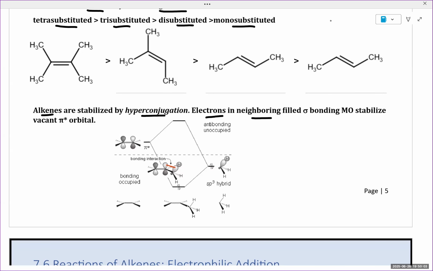Electrons in neighboring filled sigma bonding molecular orbitals can stabilize the vacant pi star orbital. So if we have a double bond, which is a pi bond, that pi bond's pi star orbital can interact with an adjacent sigma bond, and that stabilizes the pi star orbital. In essence, the more groups you have on your alkene, the more substituted your alkene is, the more stable your alkene will be.